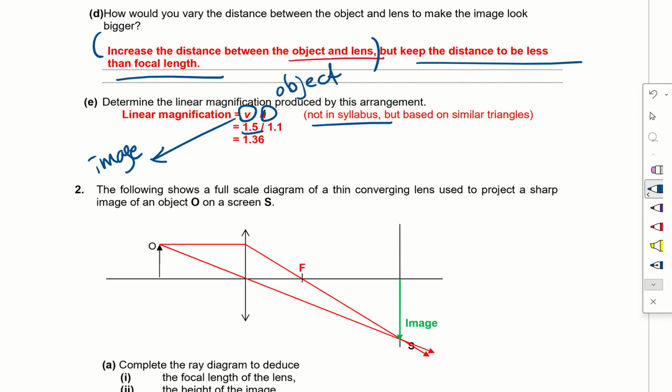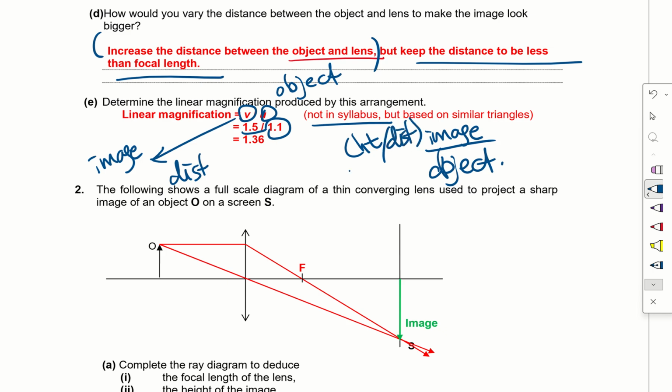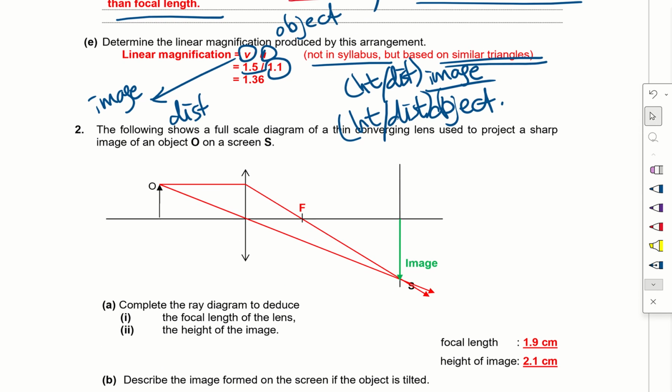Or you can also measure the distance of the image away from the lens over the distance of the object. So it's always image over object. So it can either be height or distance. And over here it says similar triangles. You can try it out.